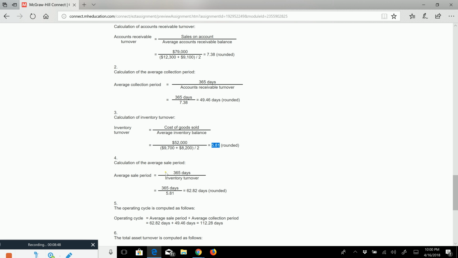The average sale period, very similar to the average collection period. The numerator is the same, 365 days, the number of days in the year. But your denominator is going to be the inventory turnover, which we just calculated at 5.81. That works out to 62.82 days.